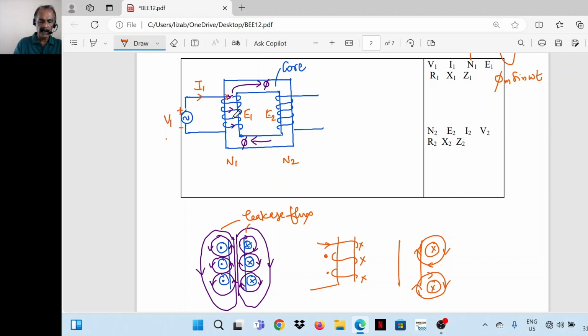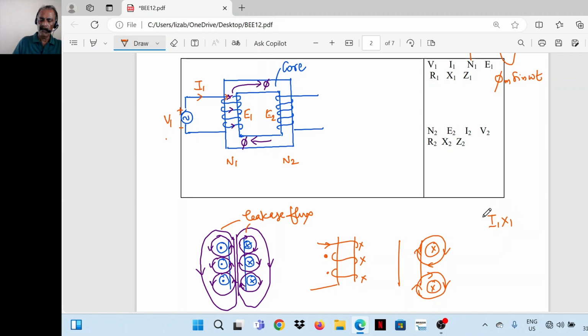So the mutual flux, that is the main flux phi, induces an EMF E1 in the winding. Likewise, this leakage flux also induces an EMF in the winding. In the primary circuit, this can be expressed as a voltage drop, I1 X1.